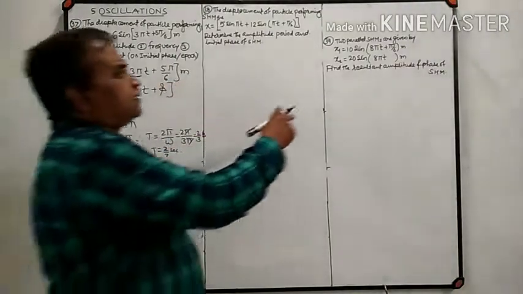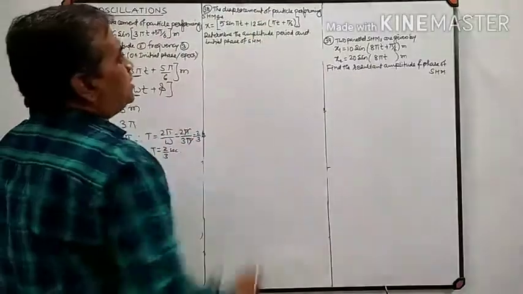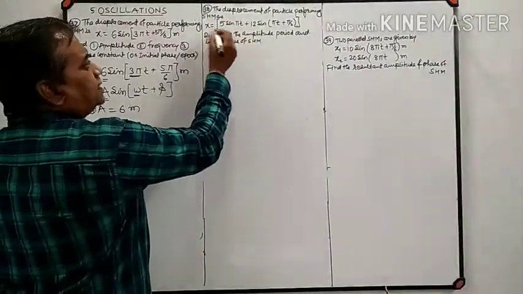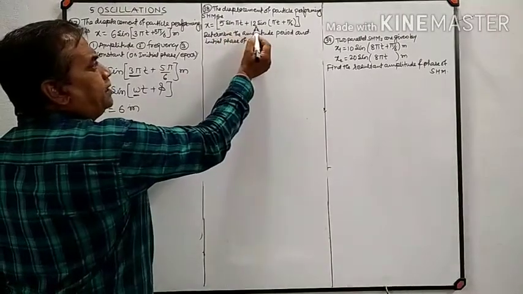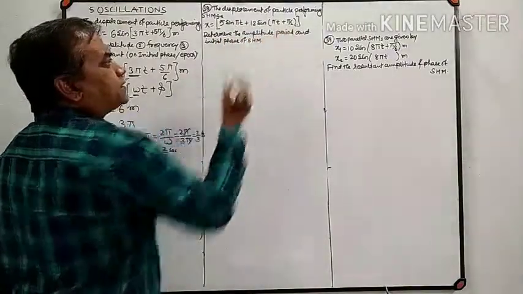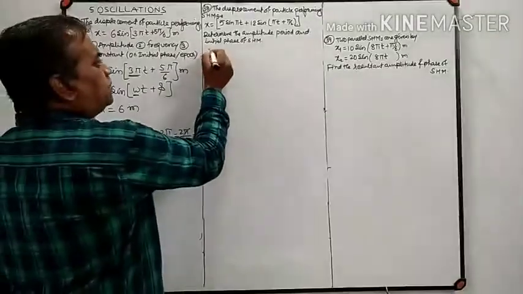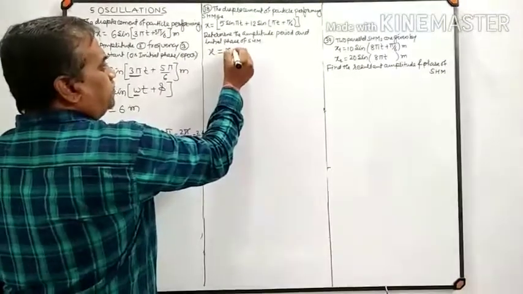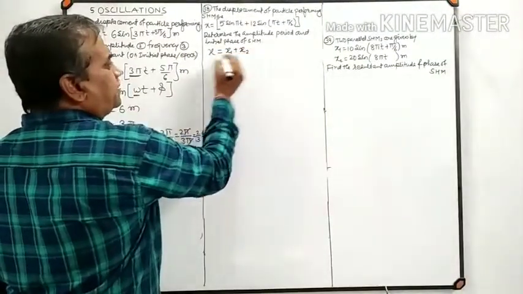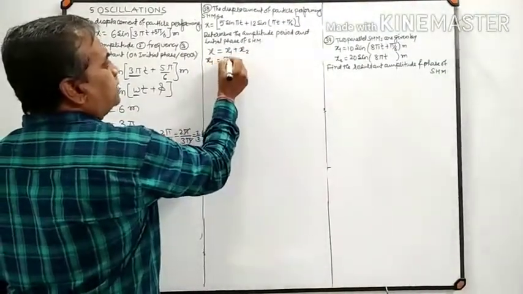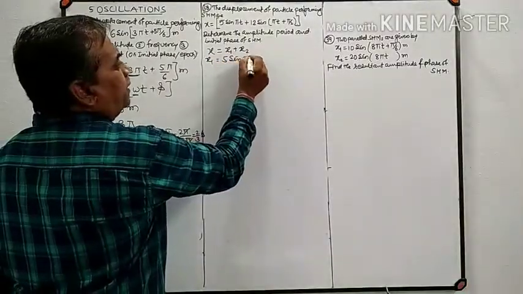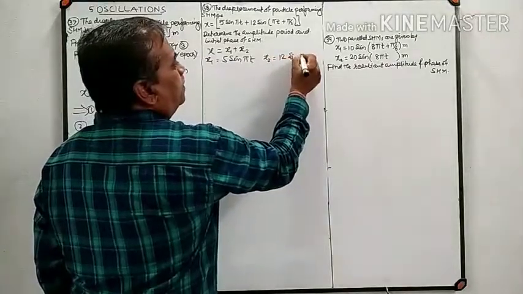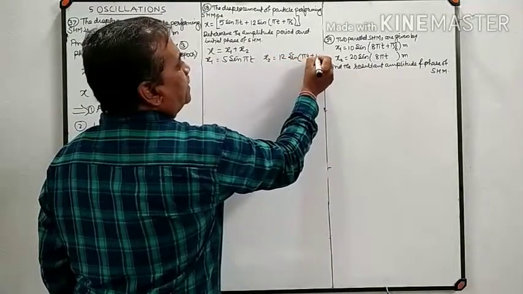Now the next question: the displacement of a particle performing SHM is given by this equation, x = 5 sin πt + 12 sin(πt + π/2). As we know that this is the resultant of 2 SHM, x = x1 + x2. So here x1 = 5 sin πt and x2 = 12 sin(πt + π/2).